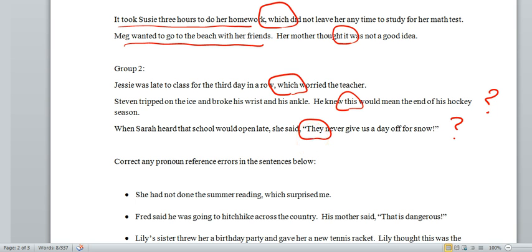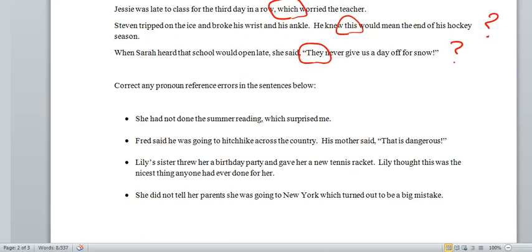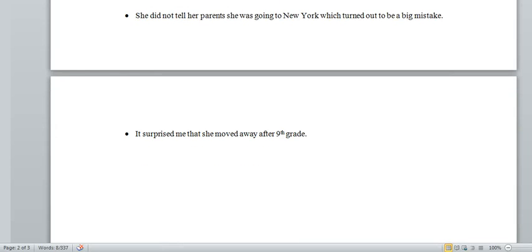Okay, now I've given you here a group of sentences in which there are pronoun reference errors, and I would like you to do your best to fix them and eliminate them.